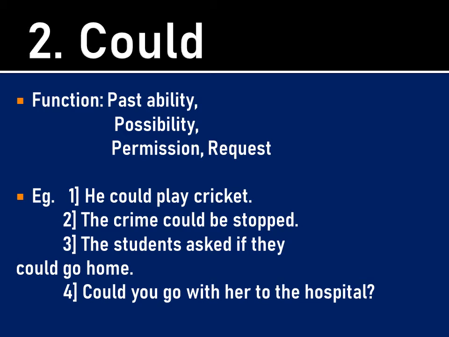So when I say he could play cricket, I am expressing a past ability. The crime could be stopped. So there was a possibility that the crime could be stopped. So it shows possibility. The students asked if they could go home.